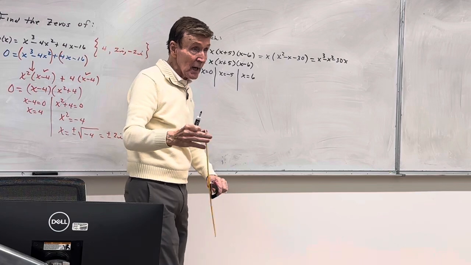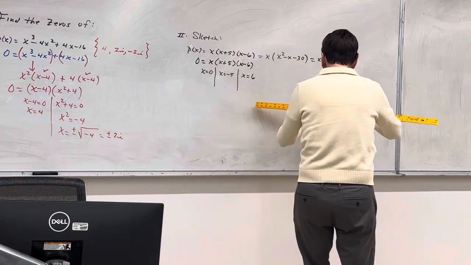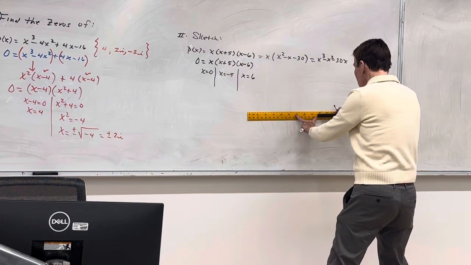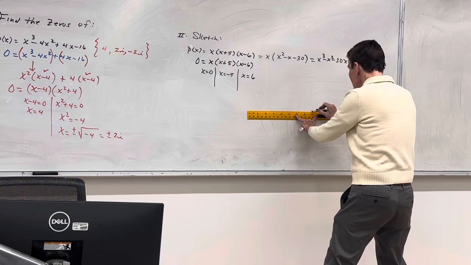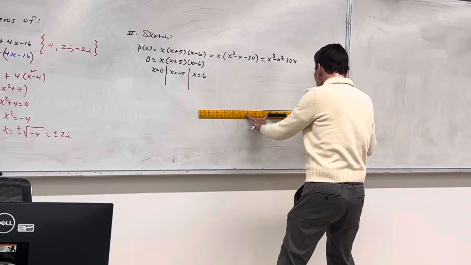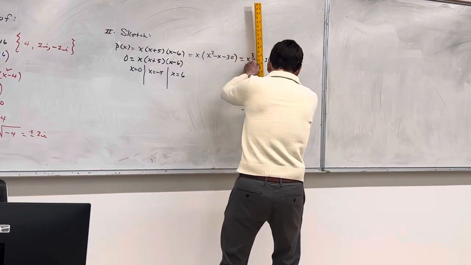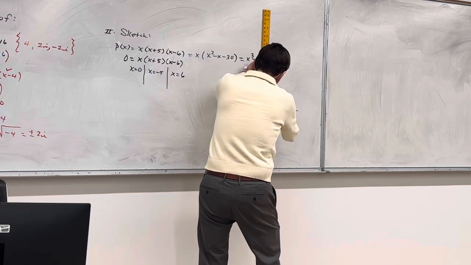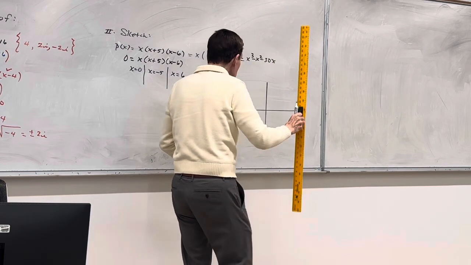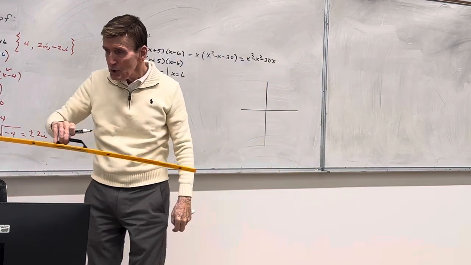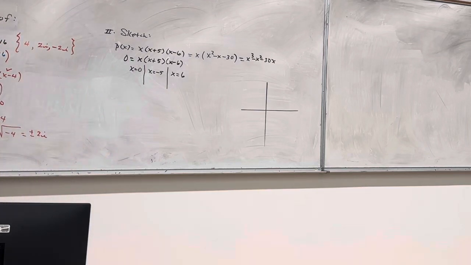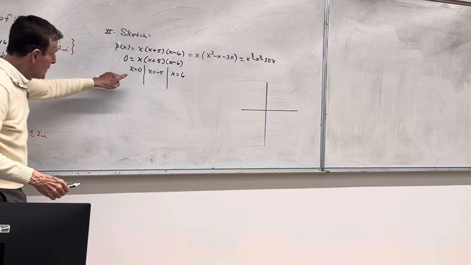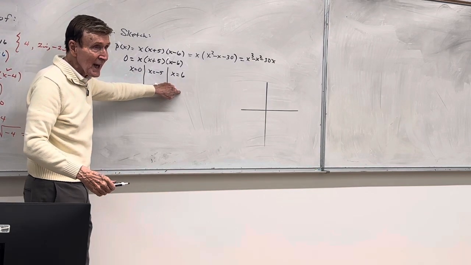I need a sketch now. So if I go to my grid, and try to get some help here, and Shane, I think you were telling me something that may help. She says, Professor, those zeros that you have up here, when you get to the grid, those are the x-intercepts. So we got what? 0, -5, and 6 are my x-intercepts.